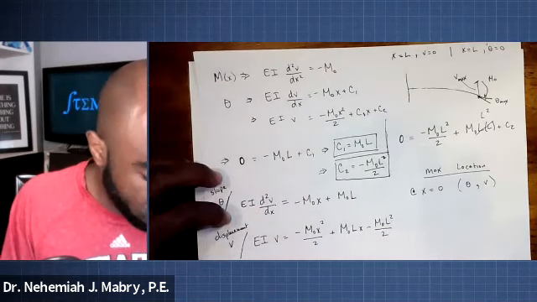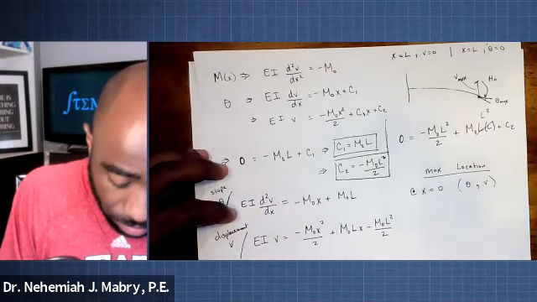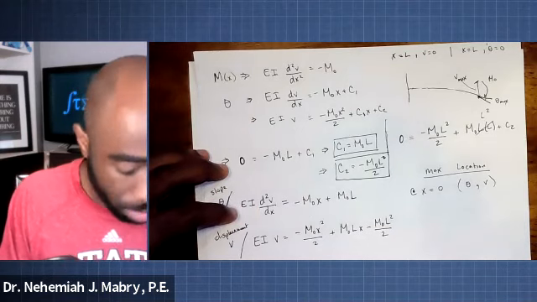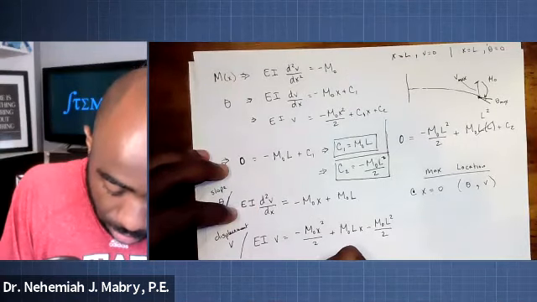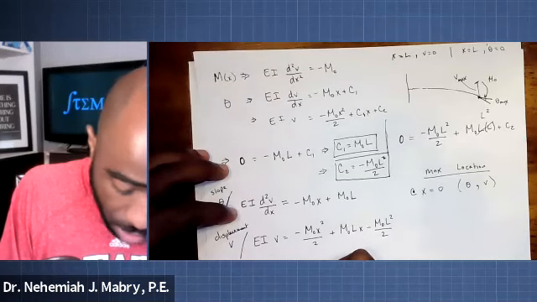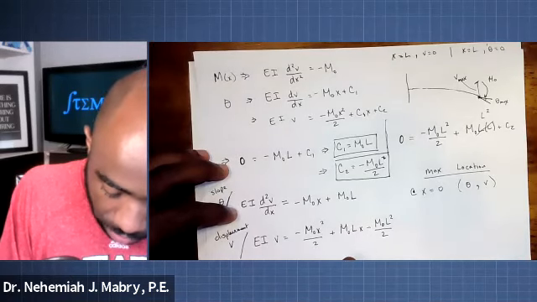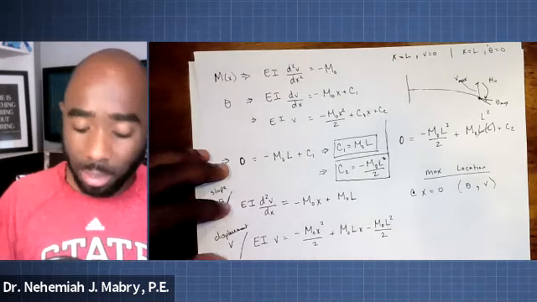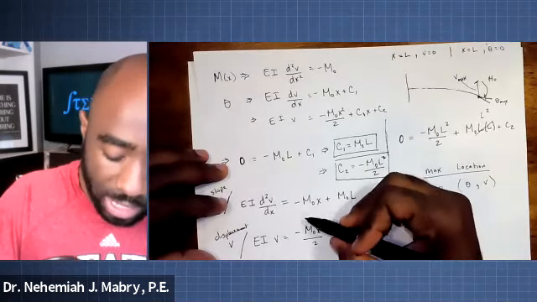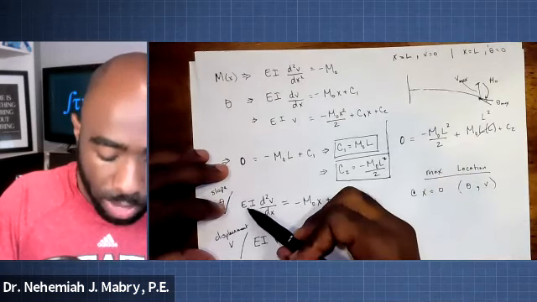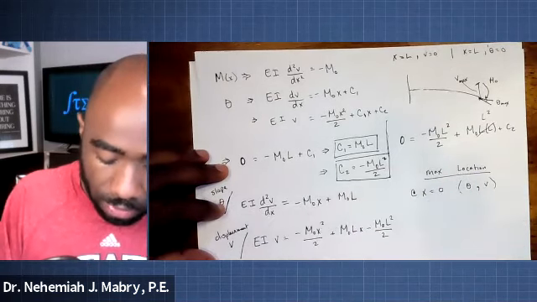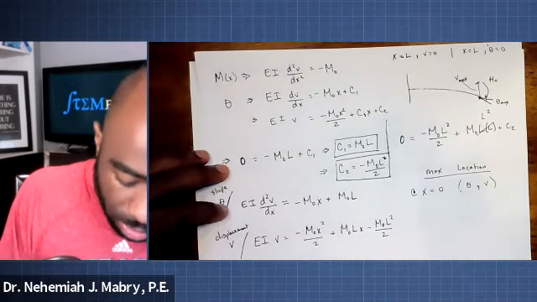And if you do that algebraically, here's what you should get, right? The maximum slope is going to be m naught L over EI. Why? Because when you plug in 0 for this x, that term is gone. That term is completely gone. And when you divide both sides by EI, now you're just going to have m naught times L over EI. So this is the maximum slope.